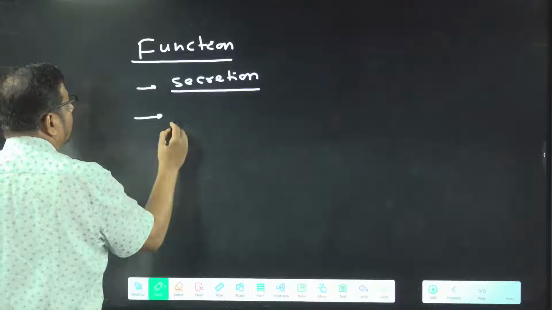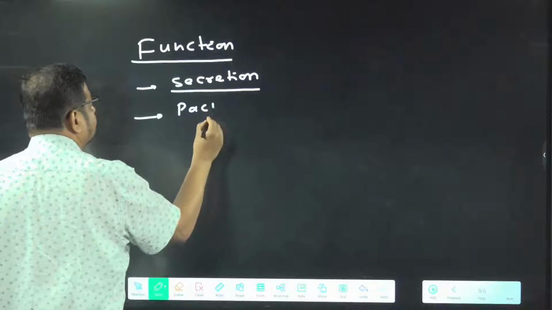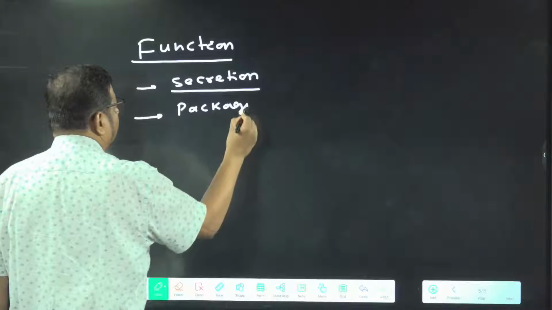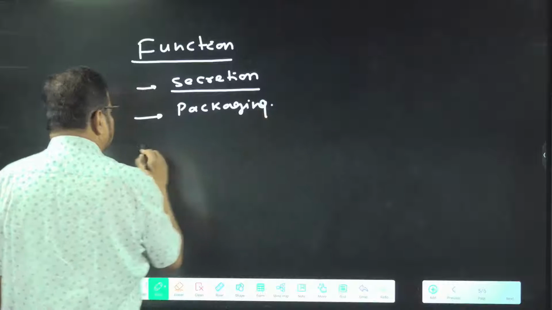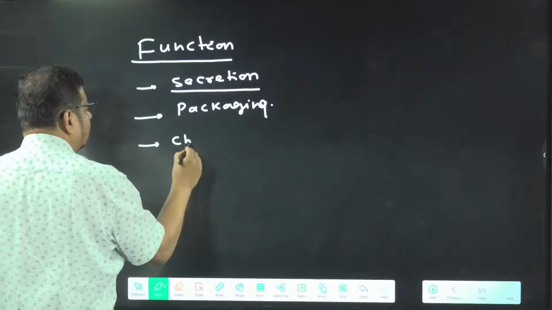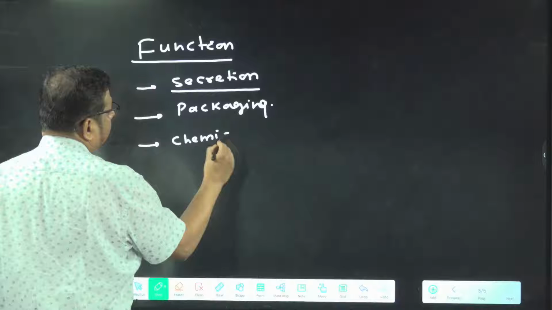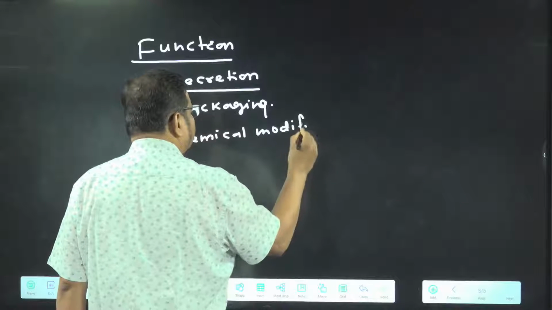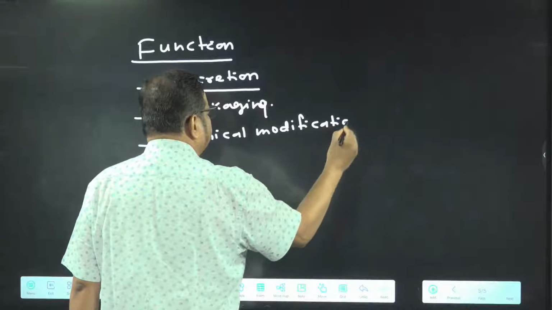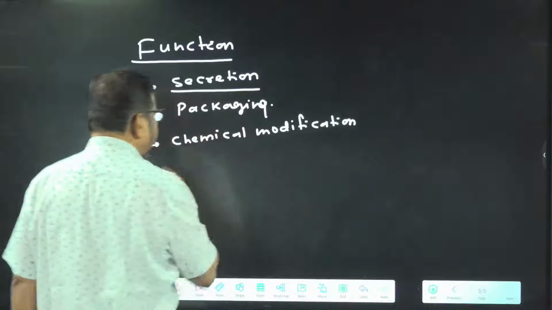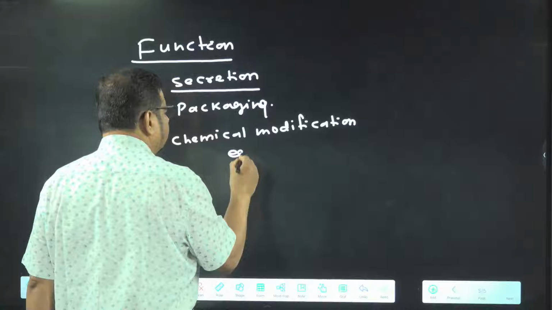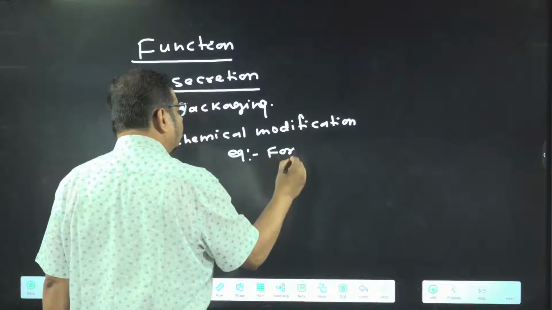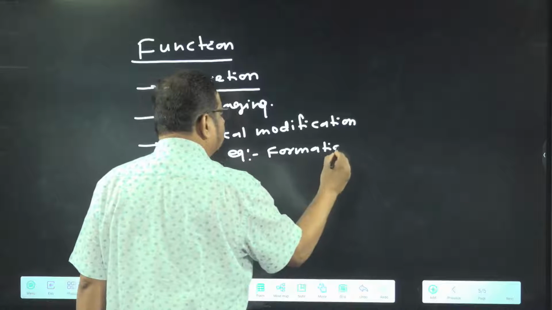Second function of a Golgi body, packaging. Third is chemical modification. I am writing first in priority what is from NCERT. Chemical modification. Example, formation of glycoprotein and glycolipid.